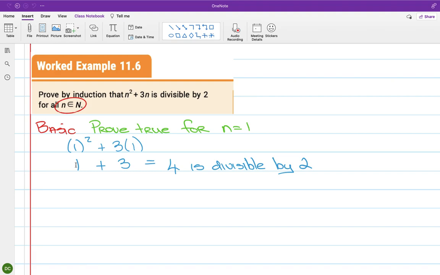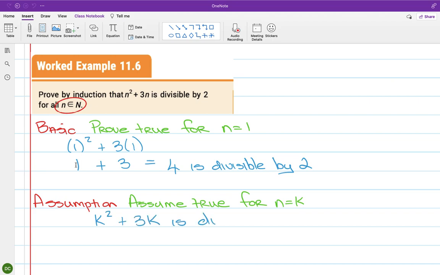So that's that. The assumption is to assume the statement is true for n equal to k. So that becomes k squared plus 3k is divisible by 2, or that k squared plus 3k divided by 2 will give me a being a whole number.